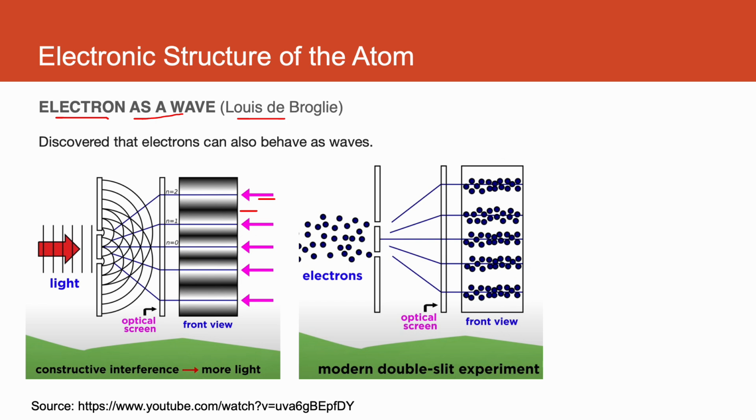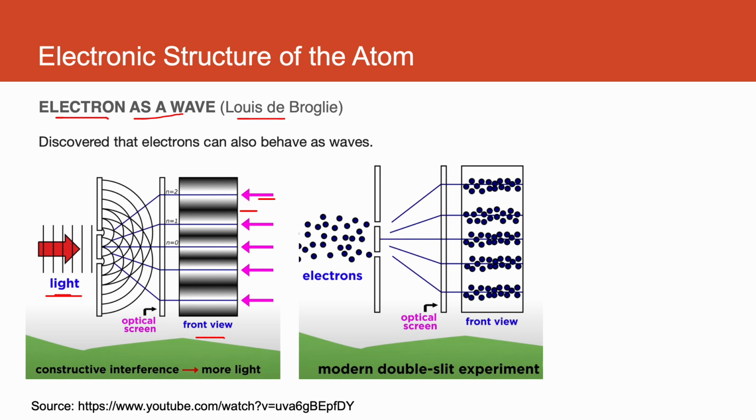This is a property of light: light behaves as a wave, hence you get constructive or destructive interference when it is shone in a double slit panel.